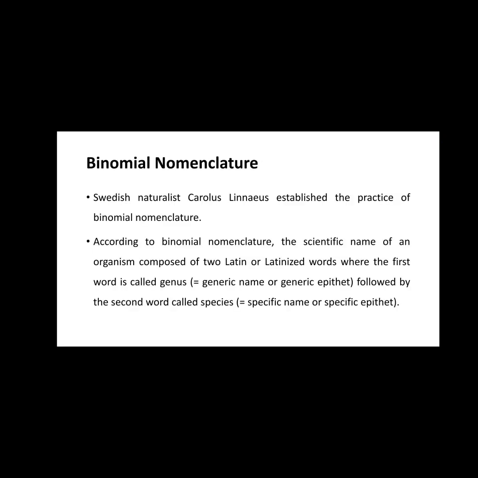What is binomial nomenclature? Carolus Linnaeus first proposed an idea that the scientific name of an organism should be composed of two Latinized words, where the first one is of the genus and the second one is of the species. The genus is called the generic epithet, which is followed by the species name, which is the specific epithet.